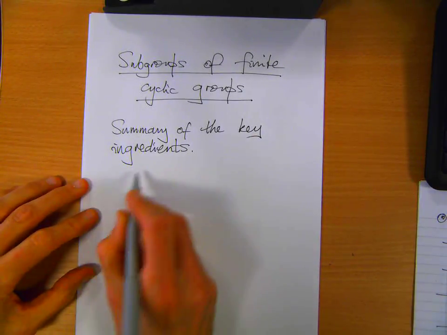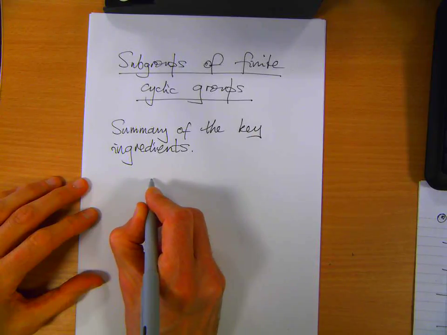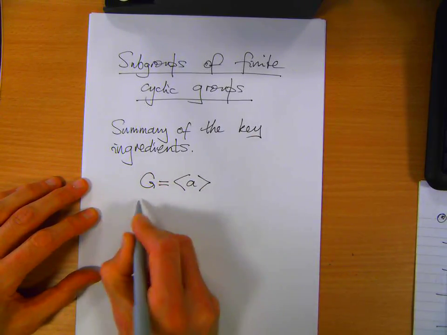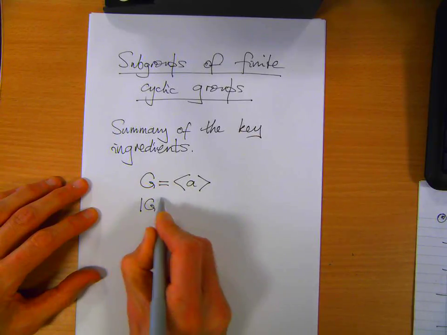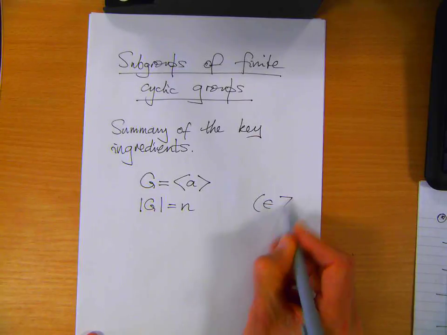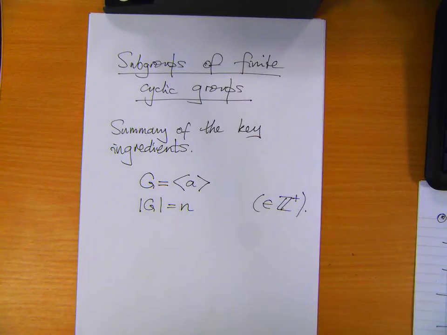So what we're going to have is a finite cyclic group of order n. So that's some positive integer. So we dealt with the infinite cyclic groups. We're now going to take a finite cyclic group of order n. If you wanted, you could just look at integers modulo n.